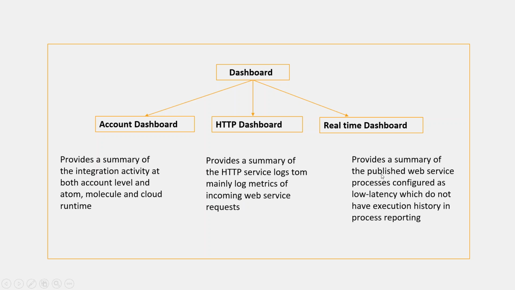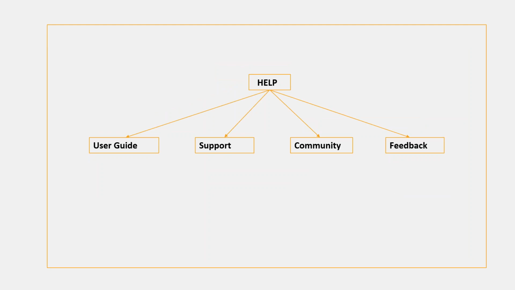The real-time dashboard provides a summary of the published web service processes. They are configured as low latency. When we say low latency, it does not capture any execution history in the process reporting page. And this is one more commonly asked question: what all comes under Boomi support? We have the user guide, support, community, and feedback as the help options provided by Boomi.